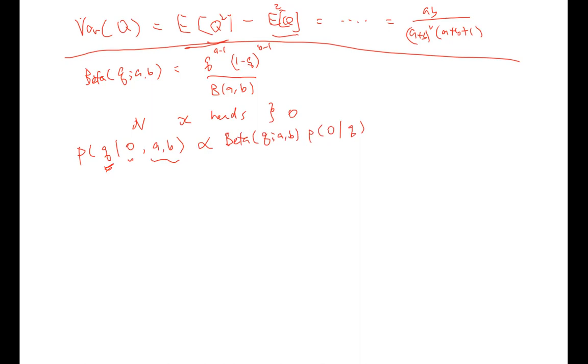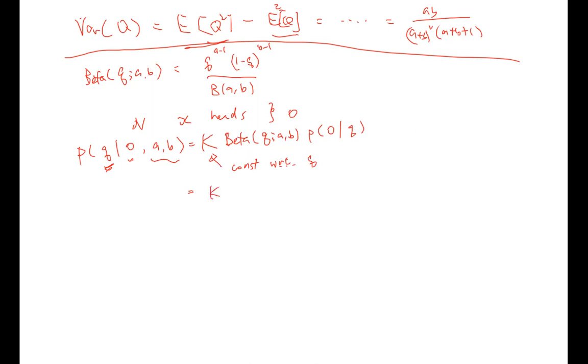I write proportional because you have some scaling factor here, maybe I even write K here, which is some constant with respect to Q. So let's try to simplify that.